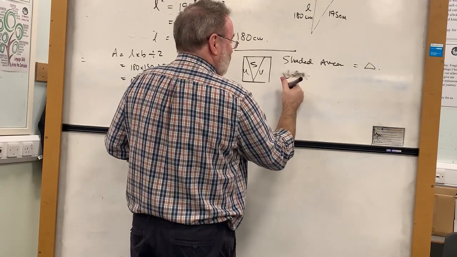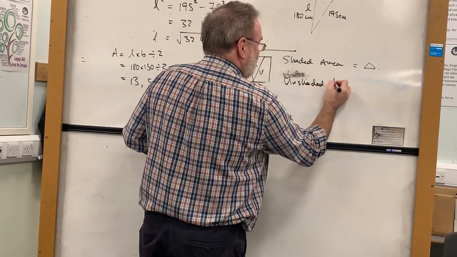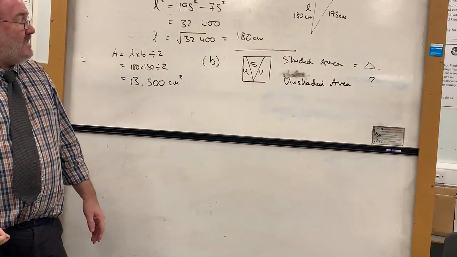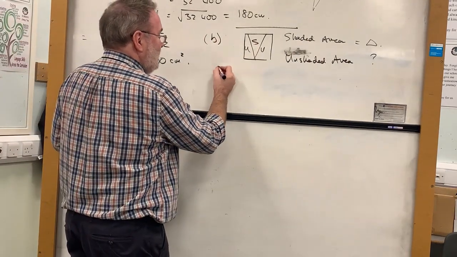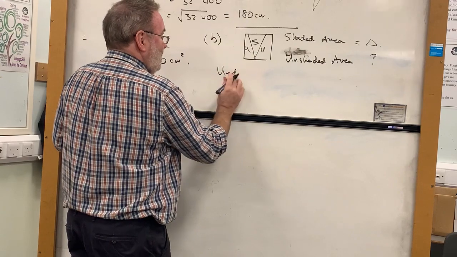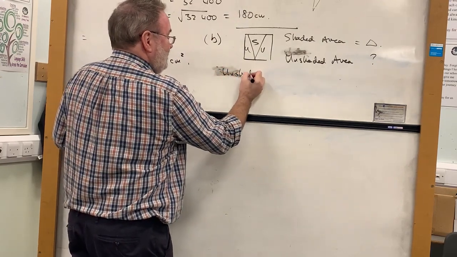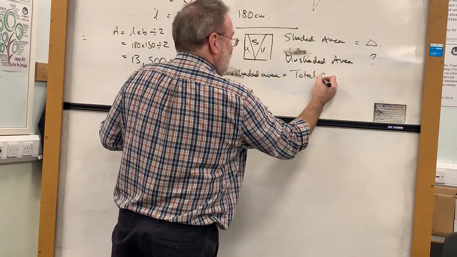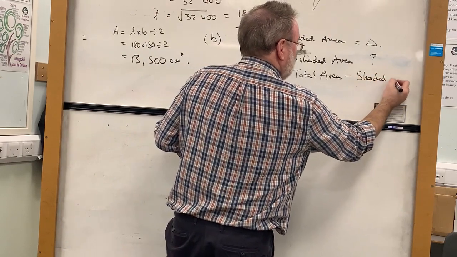Fair enough, but what shape is the unshaded? We don't know. So what we have to do is say, well, actually, the unshaded area, and I'm going to get the spelling all wrong here, unshaded area is the total area minus the shaded area.